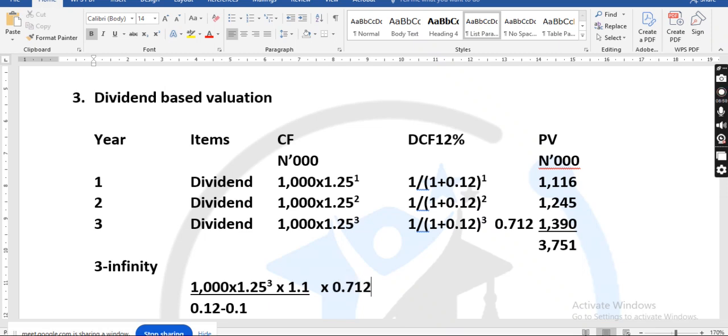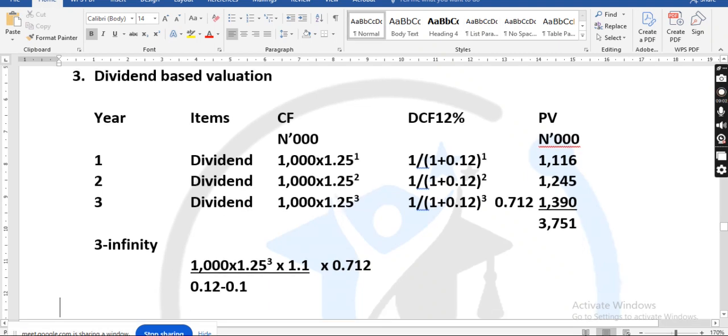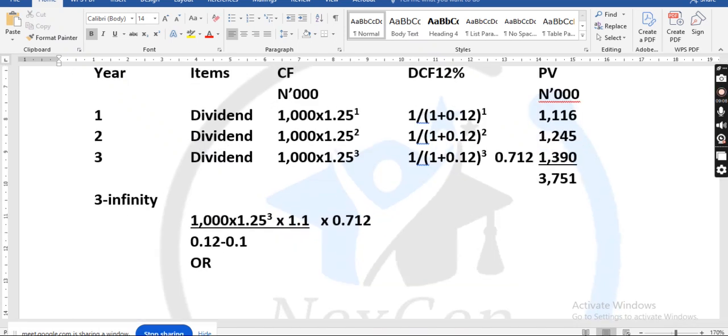If you don't want to do it this way, you could calculate infinity as follows: just pick this last figure here, this present value here.